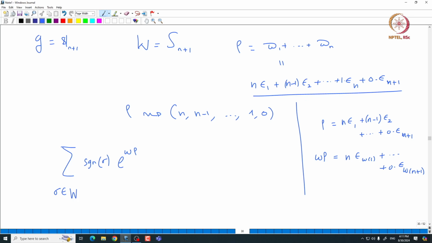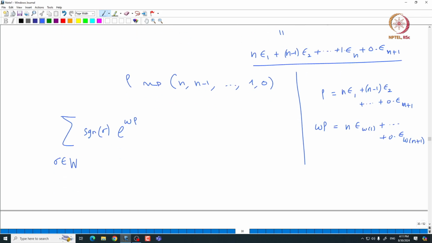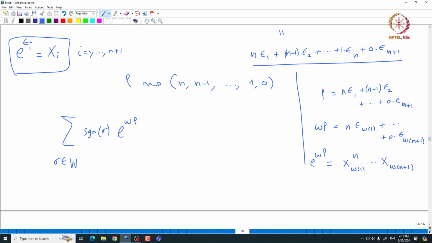Now this exponential e power W rho, if you identify e power epsilon i with x i for i ranging from 1 to n plus 1, then this e power W rho becomes exactly x W of 1 power n, etcetera, x W of n plus 1 power 0.